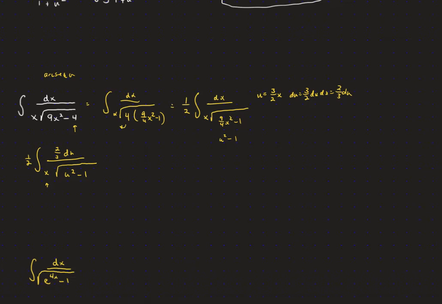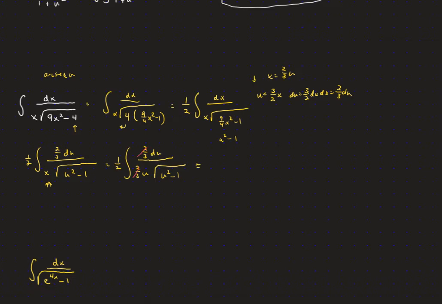We can't have x's mixed in with u's, so we come back to our u substitution and solve for x and say that x is equal to 2/3 u. So we are going to replace that x by a 2/3 u. So that's 1/2 integral. We have our 2/3 du. The x we had in the denominator we're going to call 2/3 u, and we have our u squared minus 1. Well, things worked out very nice because those 2/3 will cancel each other.